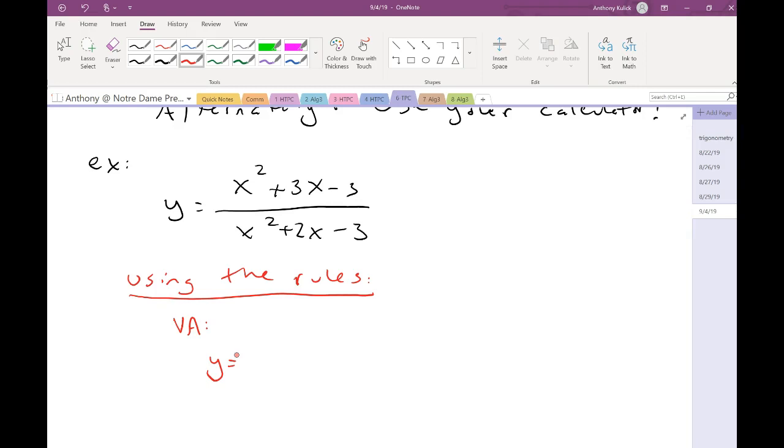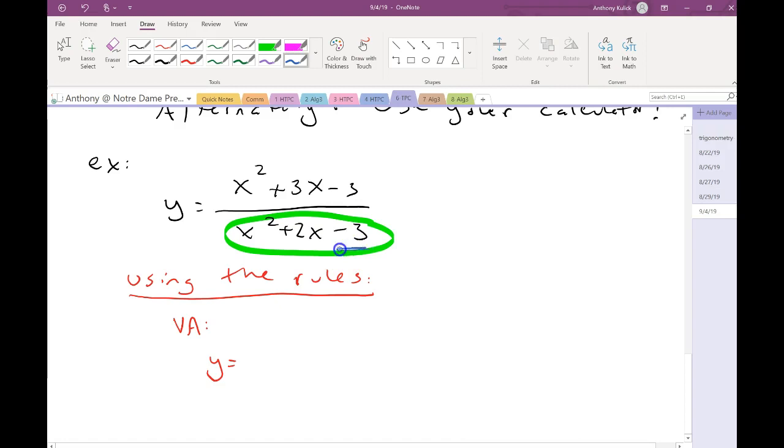So how do I factor something like x squared plus 2x minus 3? It's me looking at the denominator. How do I factor a quadratic like that? Great.